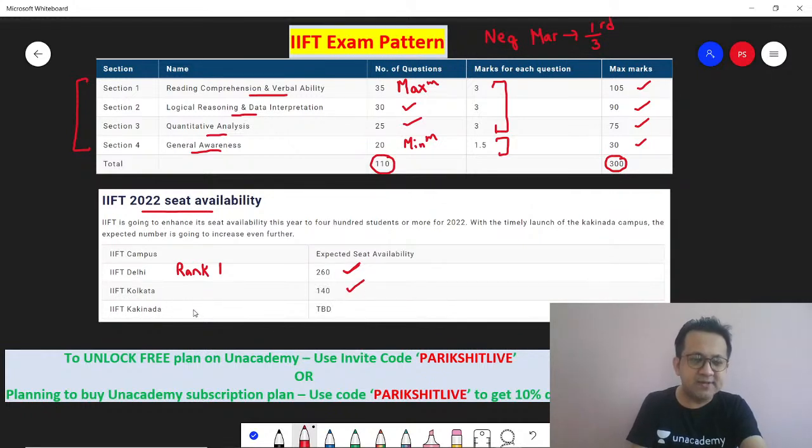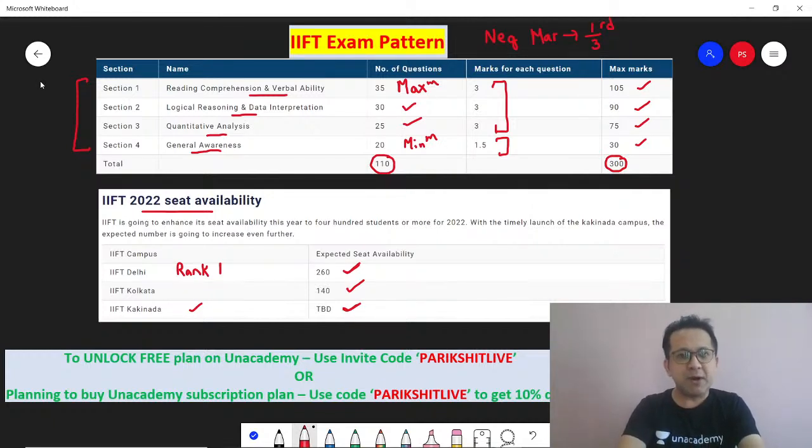And this is a new campus, IIFT Kakinada, but it still has the IIFT brand associated with it. The seats are yet to be decided, but it will be somewhere around 60 to 80 seats. So overall, you can expect the total number to be around 450 to 500 seats for IIFT in the upcoming 2022 batch.